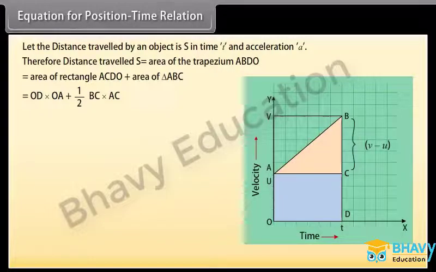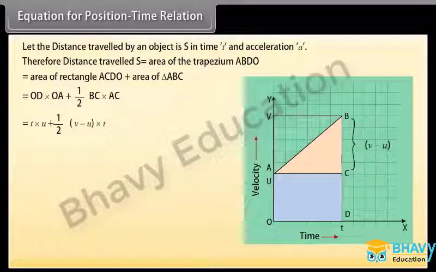Now putting the values, we get t into u plus 1 upon 2 into (v minus u) into t. On solving further, we get ut plus 1 upon 2 into (v minus u) into t.